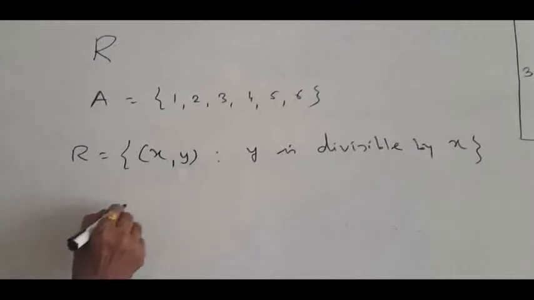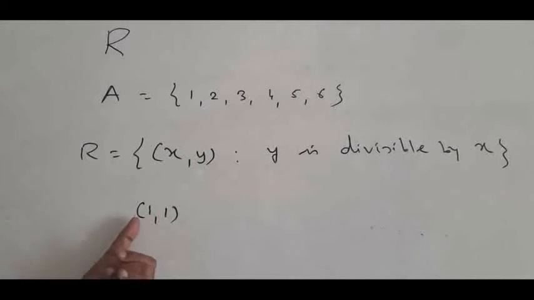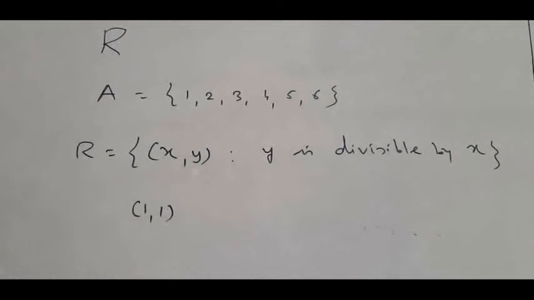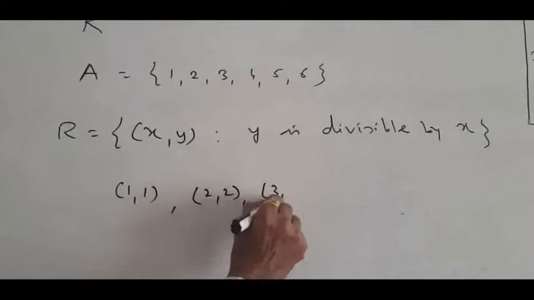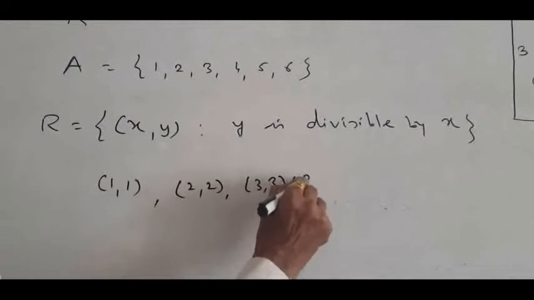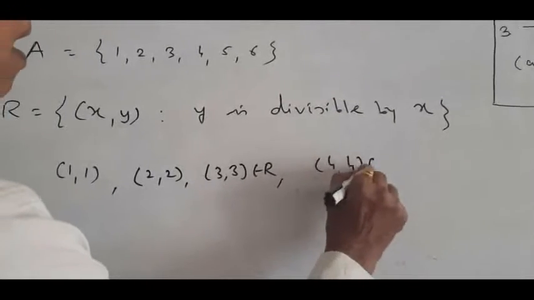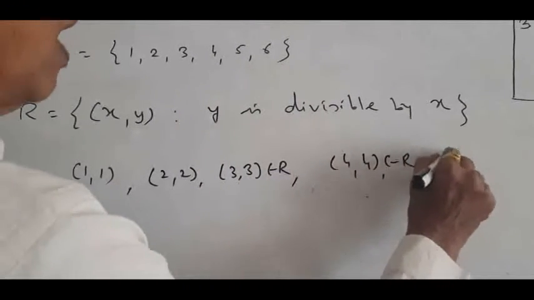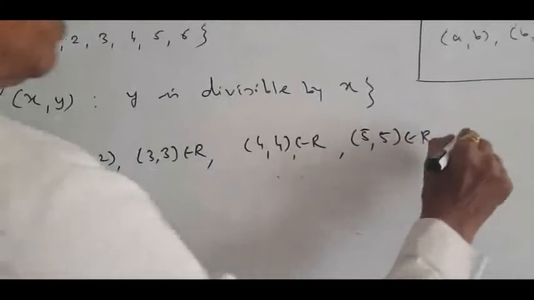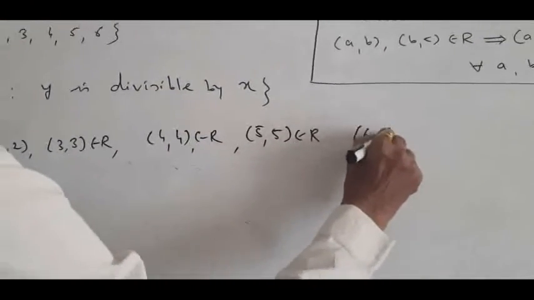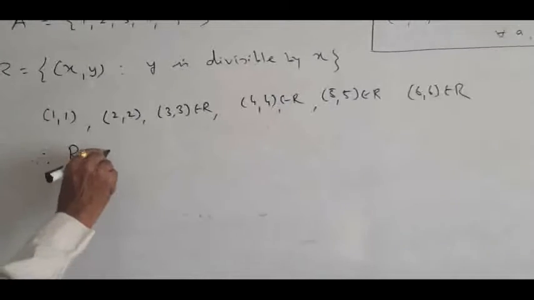Here, naturally 1 is divisible by 1, therefore (1, 1) belongs to R, (2, 2) belongs to R, (3, 3), (4, 4), (5, 5) and (6, 6) belong to R. Therefore, R is reflexive.